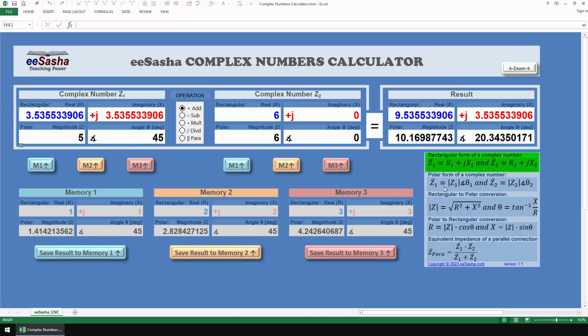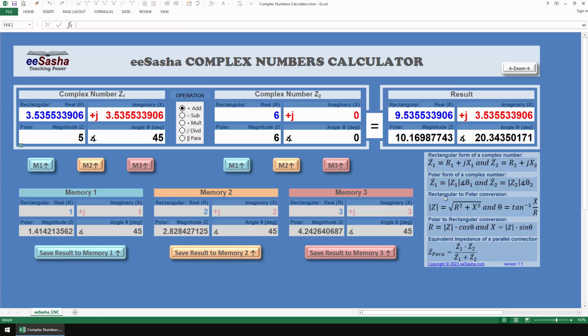So, in rectangular form, we can say that complex number Z1 is expressed as R1 plus jX1. Similarly, Z2 is expressed as R2 plus jX2. If we were to express these numbers in polar form, we would have Z1 as magnitude of Z1 at the angle of θ1, and Z2 as magnitude of Z2 at the angle θ2.